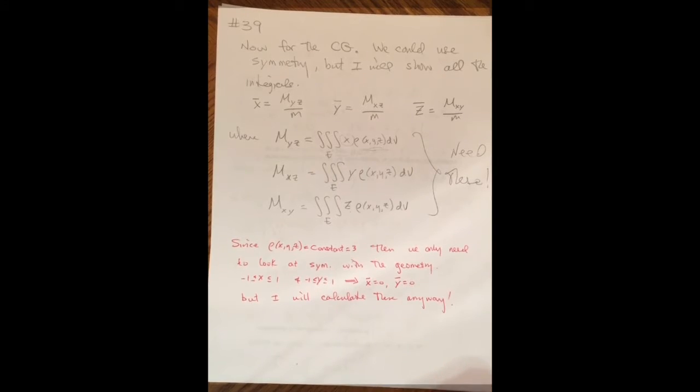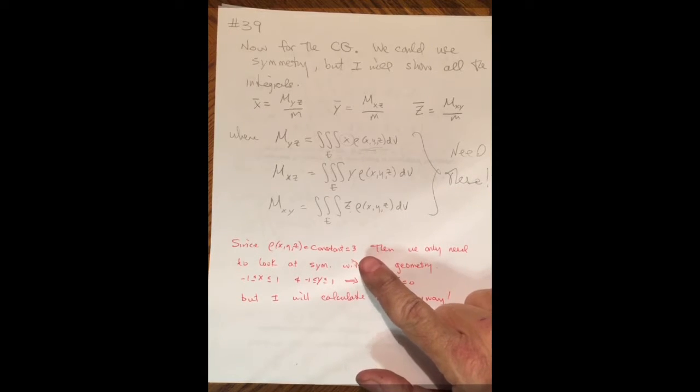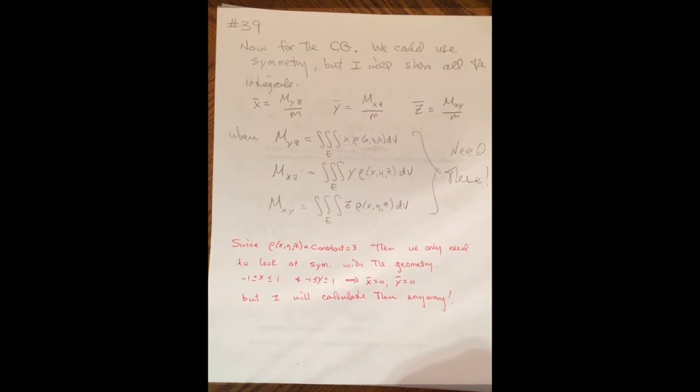Now, I've made a comment in red here. Since the density is a constant, 3, then you only need to look at symmetry with the geometry. You don't have to look at symmetry with respect to the constant. Now, since x is going to be between -1 and 1, and y is going to be between -1 and 1, in other words, you've got that in the xy plane, you have a circle.